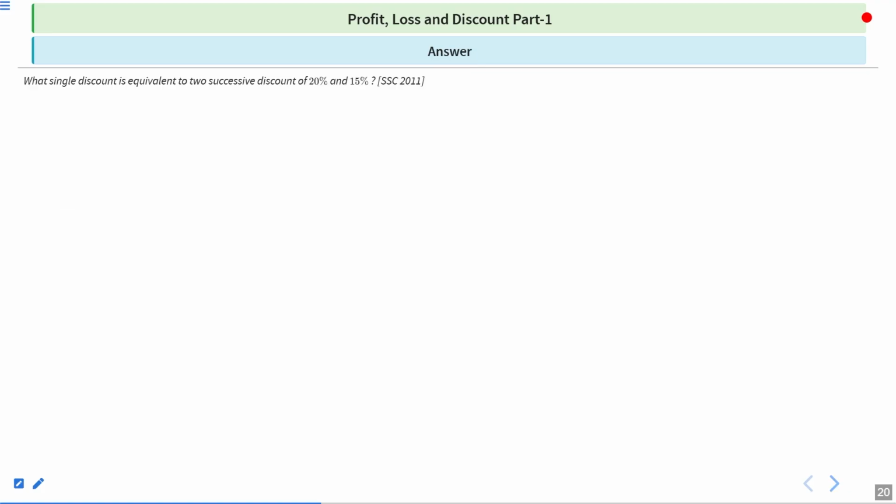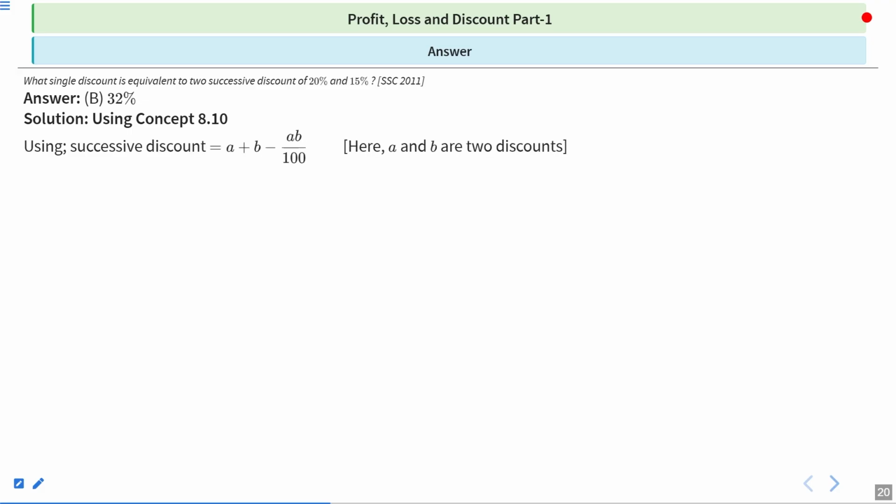So what single discount is equivalent to two successive discounts of 20% and 15%? The correct answer of this question is 32%. B is the correct answer. Now see the solution. Using concept 8.10 in this question, we use the formula of successive discount.